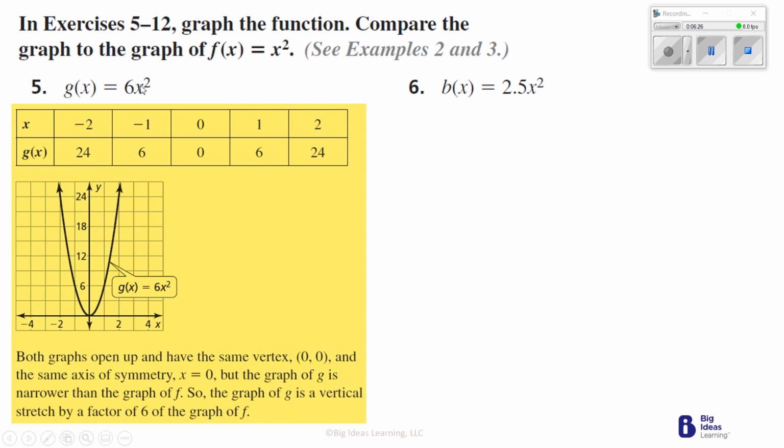Then you'll say, well, if x is -2, -2 times -2 is 4, and 4 times 6 is 24. If x is -1, -1 times -1 is 1, and 1 times 6 is 6. If x is 0, 0 times 0 is 0, and 0 times 6 is 0. If x is 1, 1 times 1 is 1, and 1 times 6 is 6. If x is 2, 2 times 2 is 4, and 4 times 6 is 24.